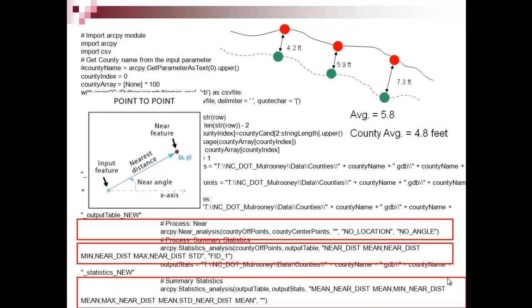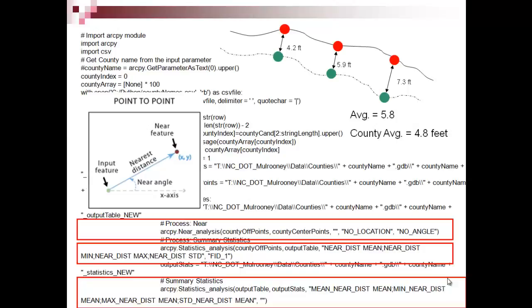The next thing we did was create an average for each individual arc using the summary statistics, using the summarize function. And the last thing we did, all the way down at the bottom, at the county level, we averaged up each of the individual horizontal accuracies to give us a county average.